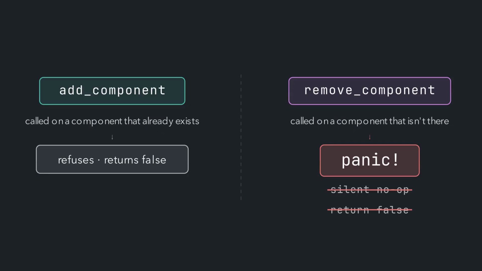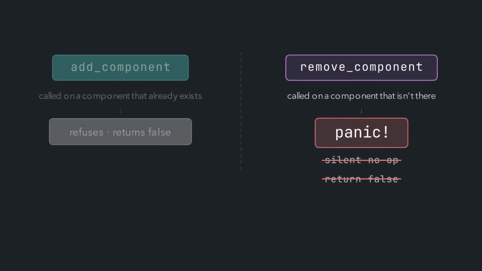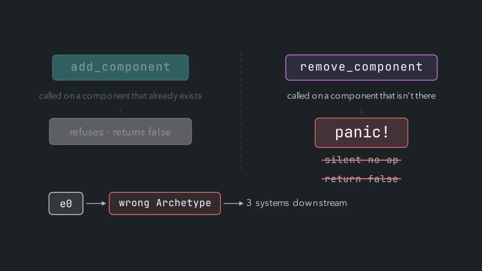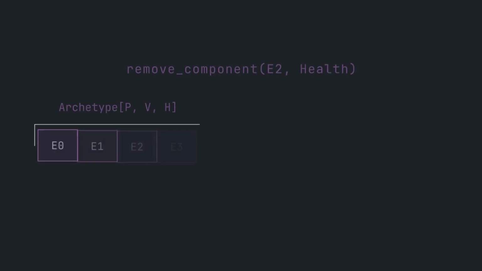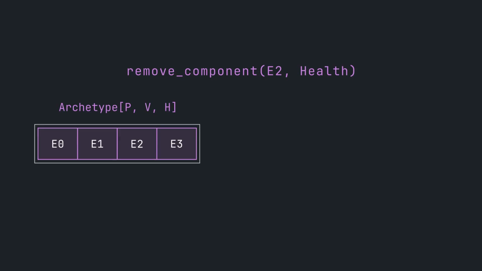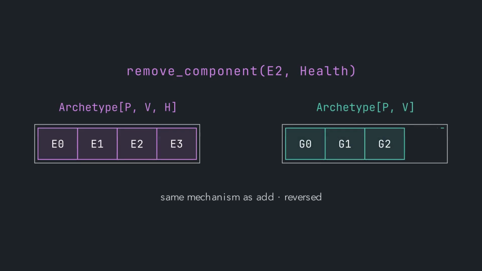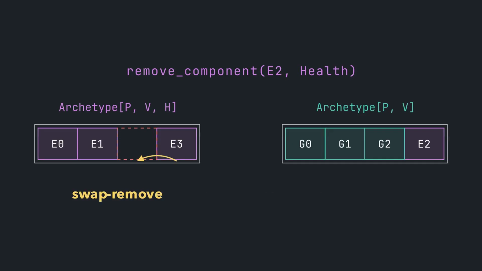Removing something that was never there is almost always a bug in the calling code, and I'd rather find out immediately than have an entity quietly end up in the wrong archetype 3 systems downstream. Mechanically, remove does the same thing add does, just in reverse. The entity's row moves out of its current chunk and into a chunk belonging to the archetype for the component set, minus whatever you removed, with the same swap-remove closing the gap it leaves behind.